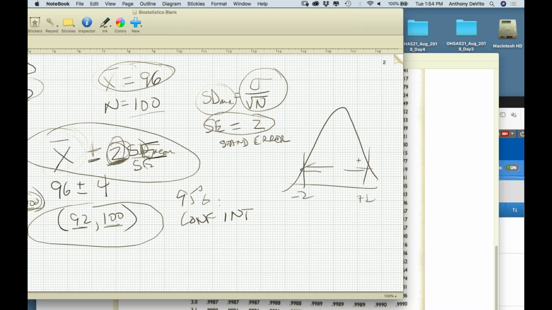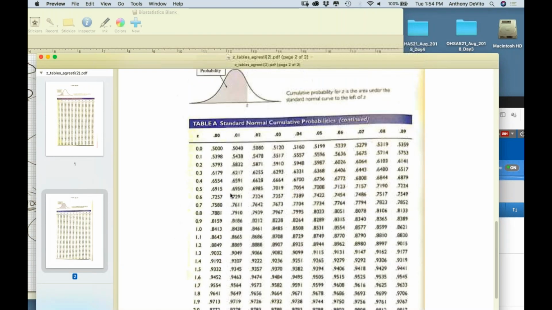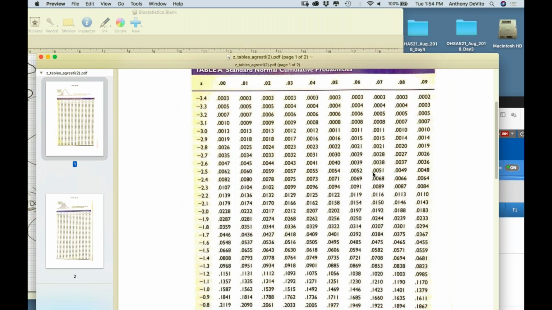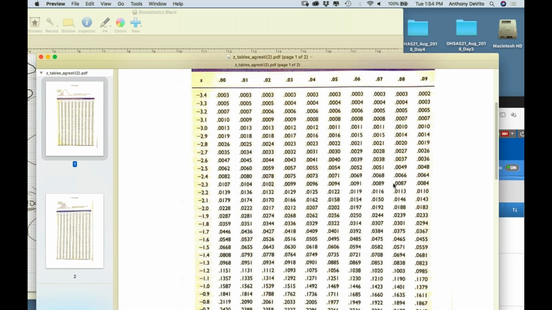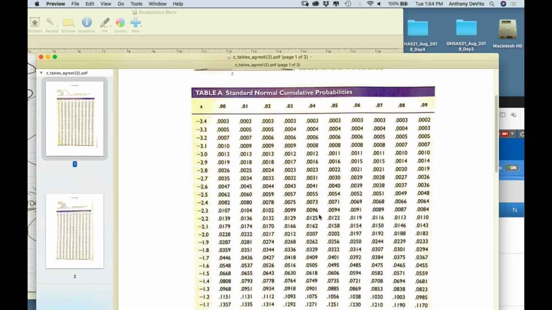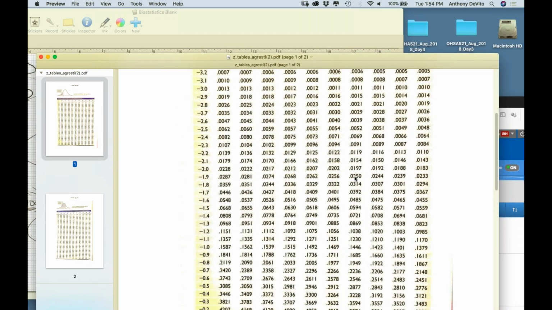But when we looked at the table, and we looked at, say, 5%, here, this is close to 5%. Was it really 2? I'm sorry, 2.5% on the left and 2.5% on the right. 2.5%, 0.025. Here it is right here.